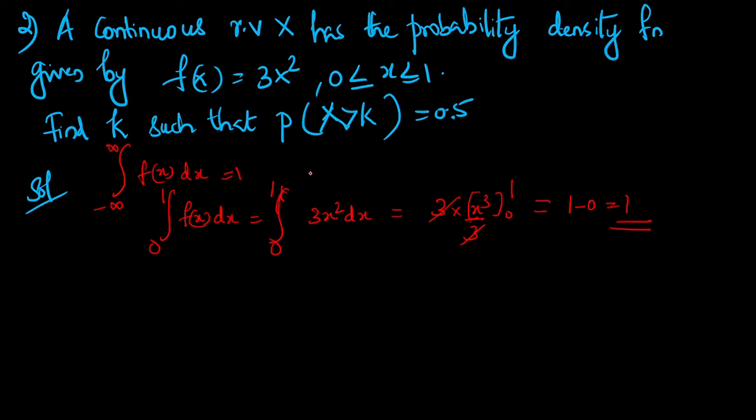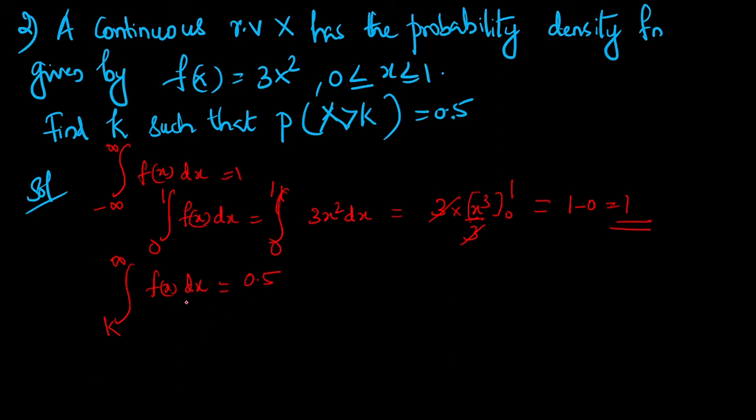It is given that p of x greater than k is equal to 0.5. Therefore, since x is greater than k, we can apply the limits as integral k to infinity f of x dx, which is the probability, and it is given as 0.5.